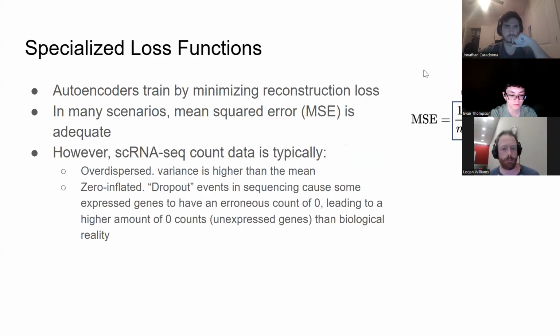Next. The reason the MSE reconstruction loss isn't ideal is that single cell count data is usually over-dispersed, meaning it has a higher variance than the mean. It also usually has an excess number of zero counts due to sequencing errors, where expressed genes were not detected even though they were actually expressed. Next.